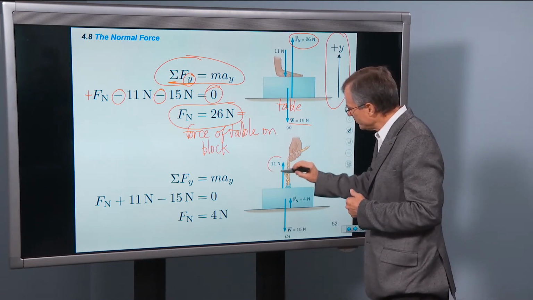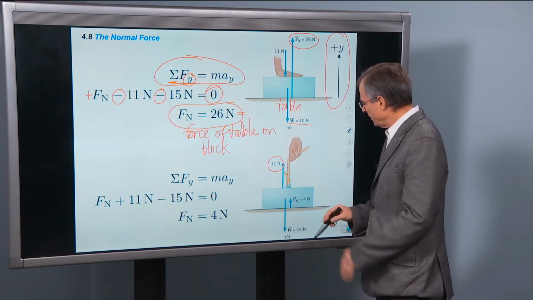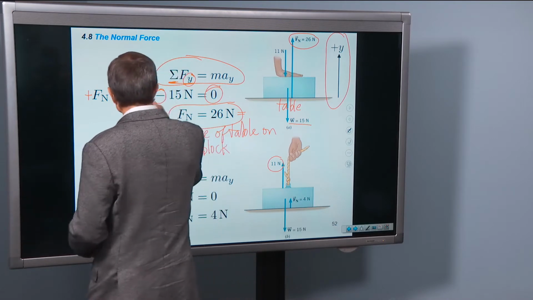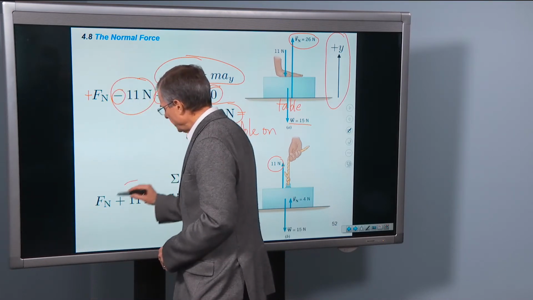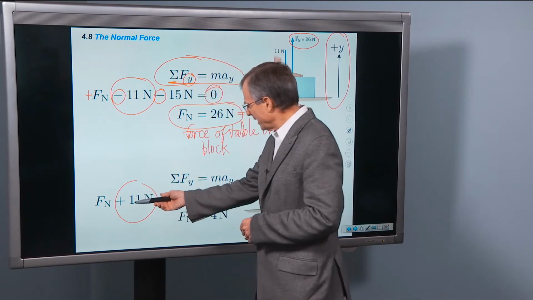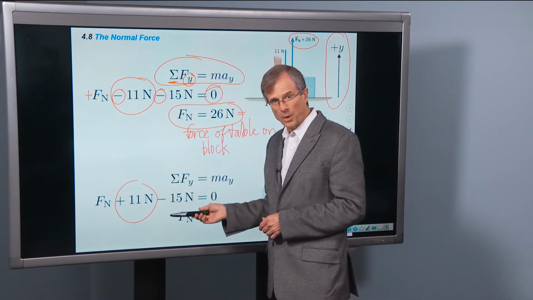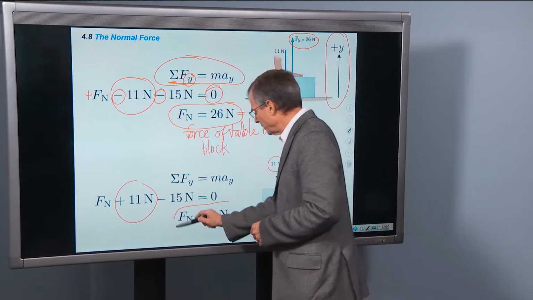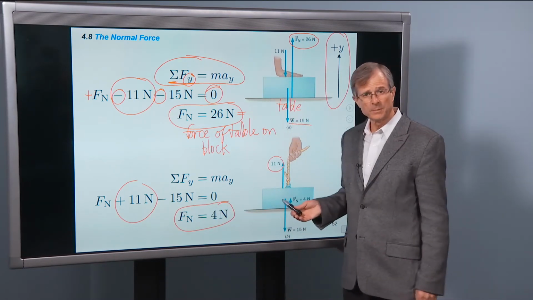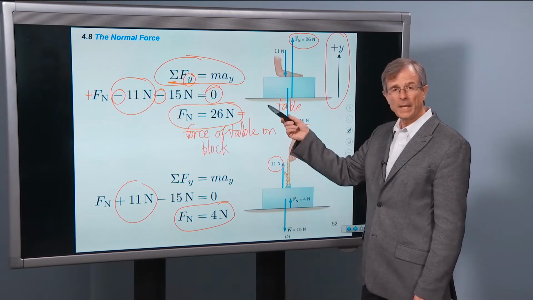So now we've got an 11 Newton force that's up, but everything else is the same as it was. So instead of the 11 Newton force being down, it's up in the plus y direction, minus 15. So we've got 11 minus 15, that's minus 4. Bring it over to the right side, and we get a normal force of 4 newtons. Why is this force less than the case A here?